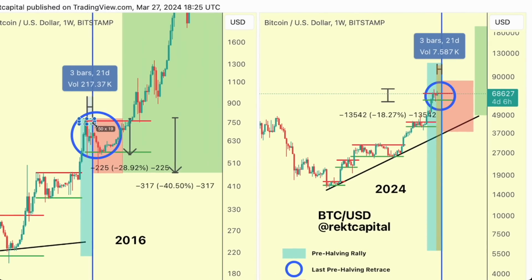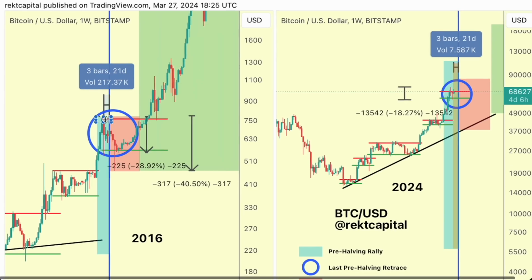Because when 2016 happened and we rejected into that pre-halving retrace, notice how we formed a downside wick, right? We developed and hammered out a base at the bottom of this reaccumulation range, approximately. We rebounded, and then we continued towards the downside and formed a base at that reaccumulation range bottom, which was solidified on this downside wick.